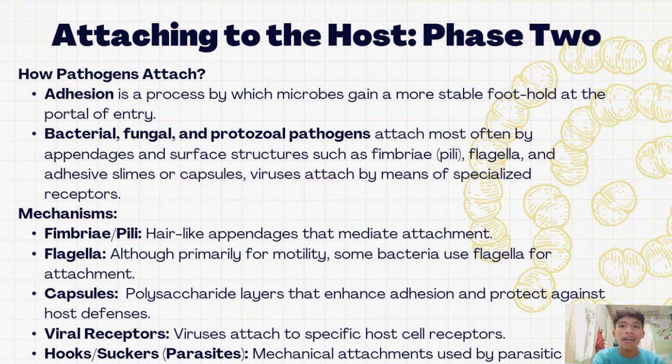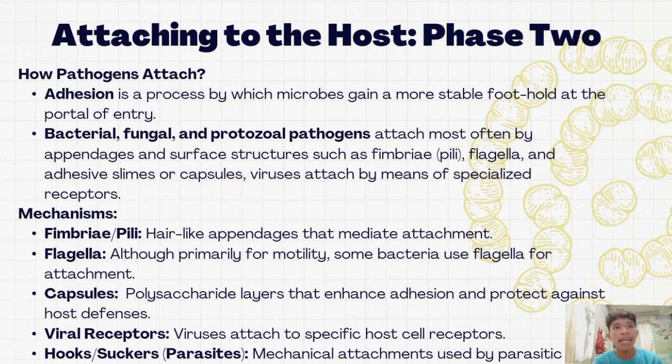So bacteria, fungi, and protozoa are single-celled organisms that use structures like tiny hairs, which are the fimbriae or pili, whip-like tails, flagella, or sticky coatings, which are the capsules, to stick to the body. Viruses use special molecules, receptors, to attach to specific cells in the body.